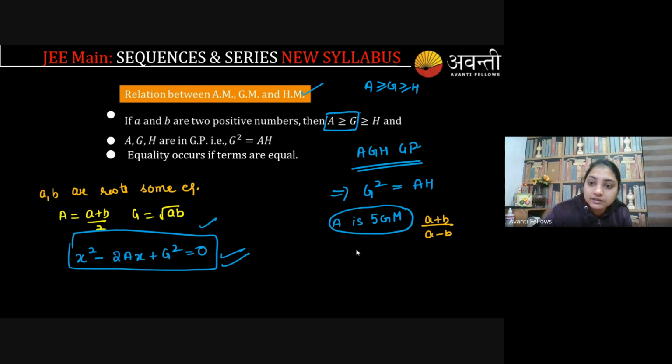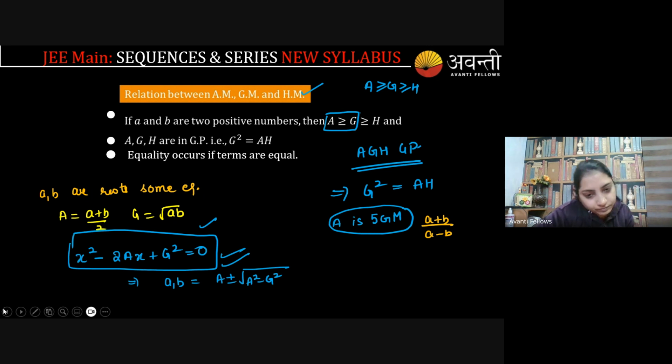See, if arithmetic mean is 5 times geometric mean, then can you rewrite it as A and B must be equals to A plus minus under root A square minus G square? Yes? By using the formula of discriminant? Yes, ma'am. So see how this question will be quite useful for you. You can rewrite it that A is 5G.